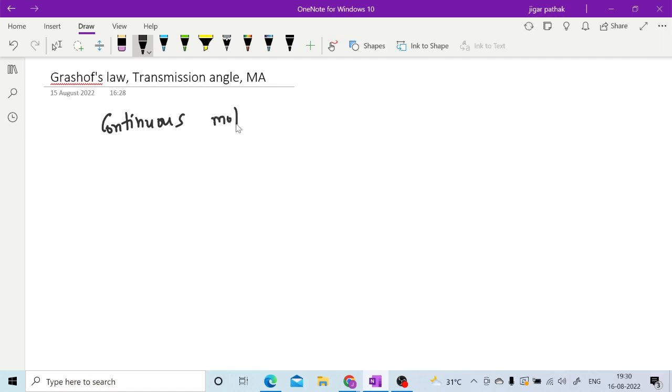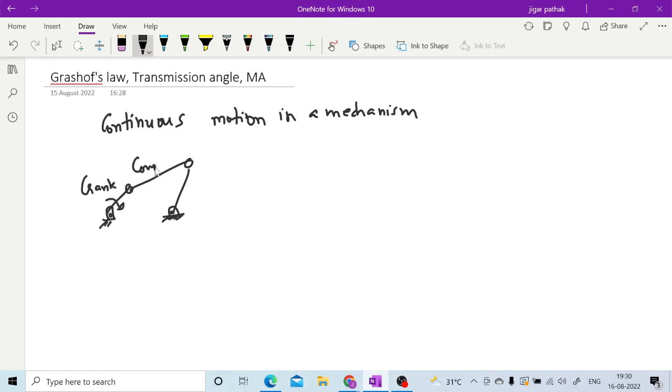What Grashoff's law suggests is for continuous motion in a mechanism, for a 4-bar chain. If you want a 4-bar chain mechanism to have continuous rotation, suppose this is the crank, this is the coupler, and this is your rocker.